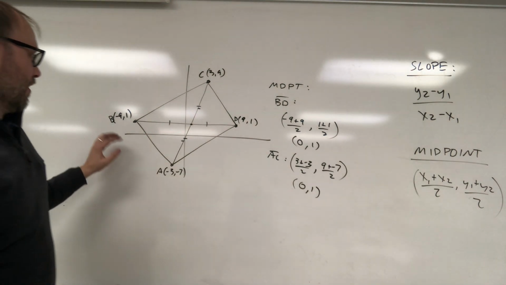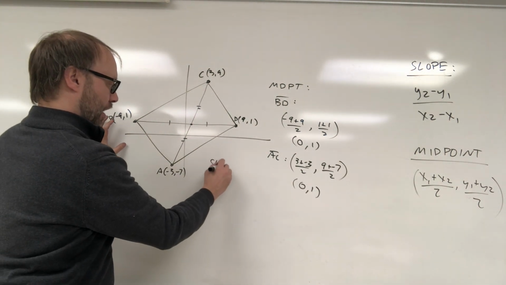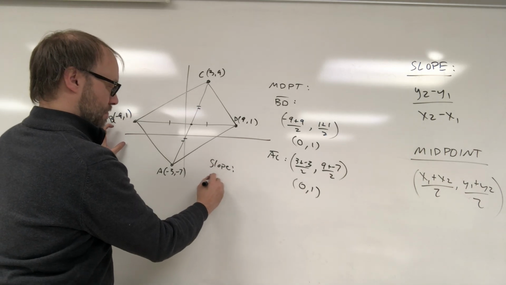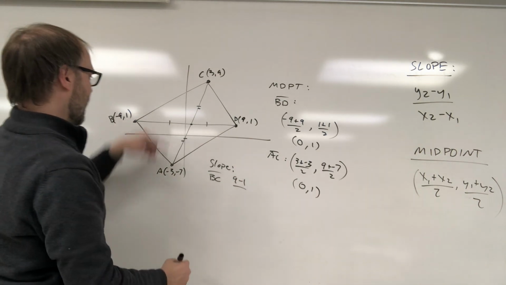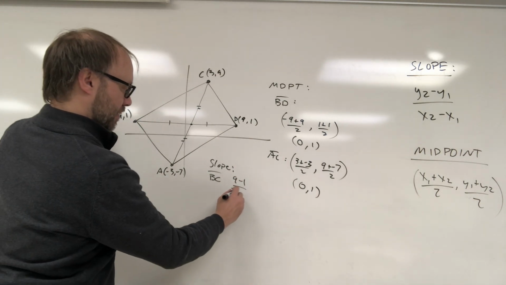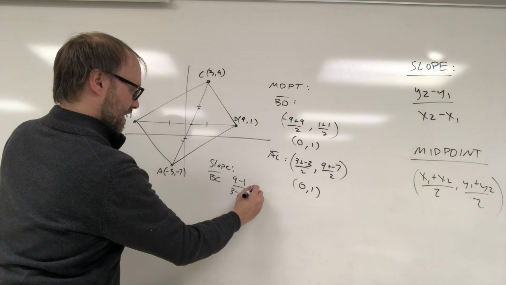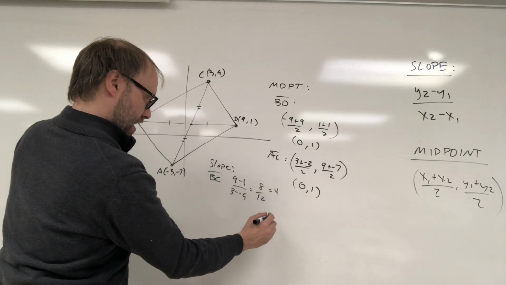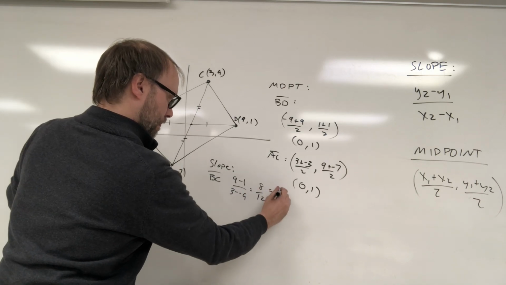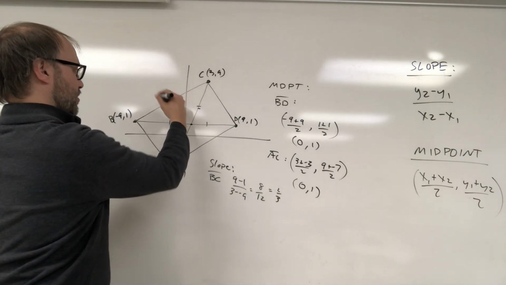For example, I could find the slope of BC. y2 minus y1, that's 9 minus 1. x2 minus x1, 3 minus -9. That's going to be 8 over 12, which is 2/3. So that slope there is 2/3.